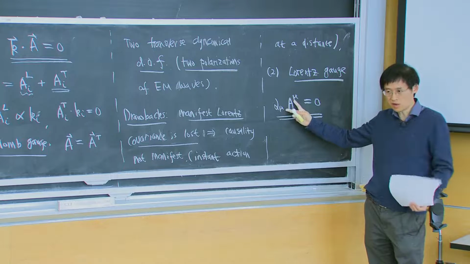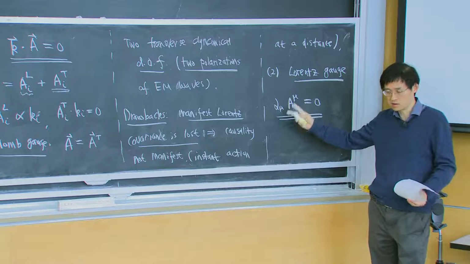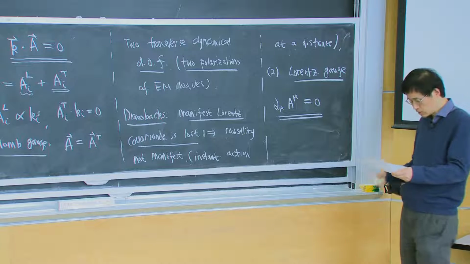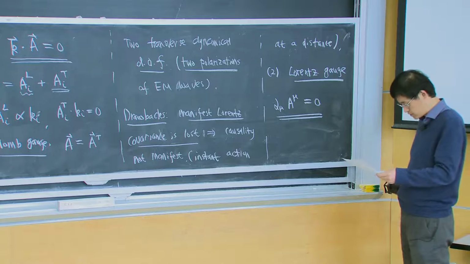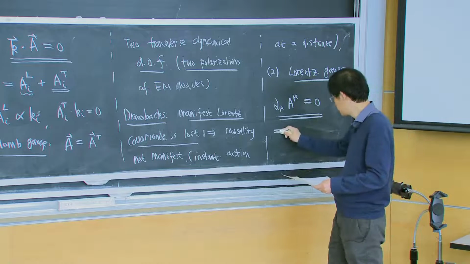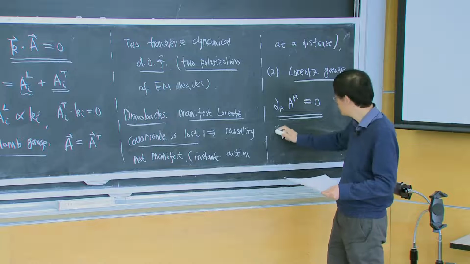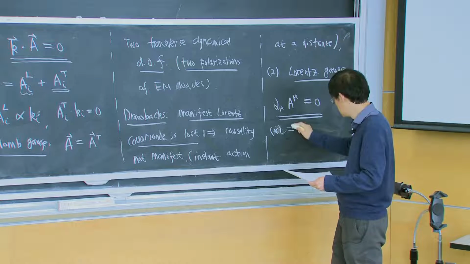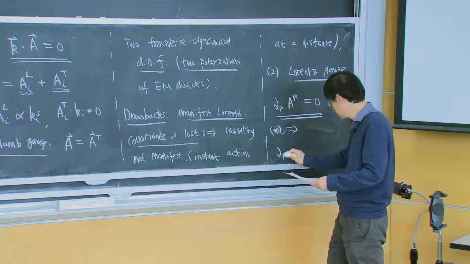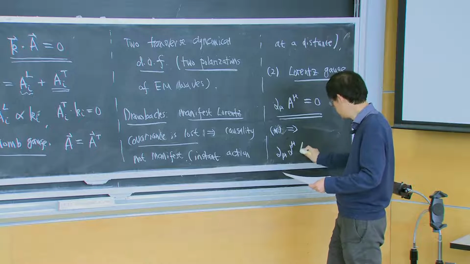So this is a covariant equation, and so the Lorentz covariance is manifest. Then under this gauge, the Maxwell equation star now becomes very simple.